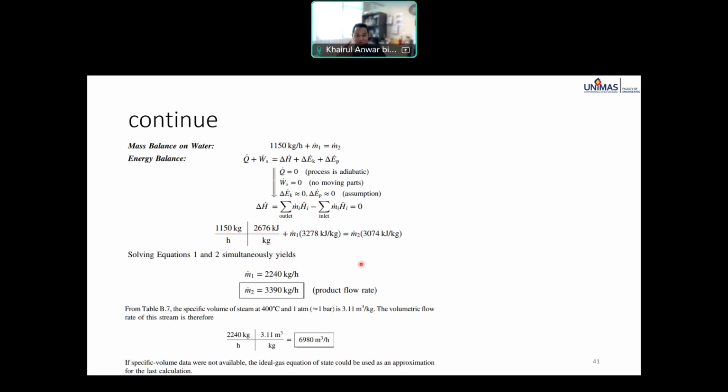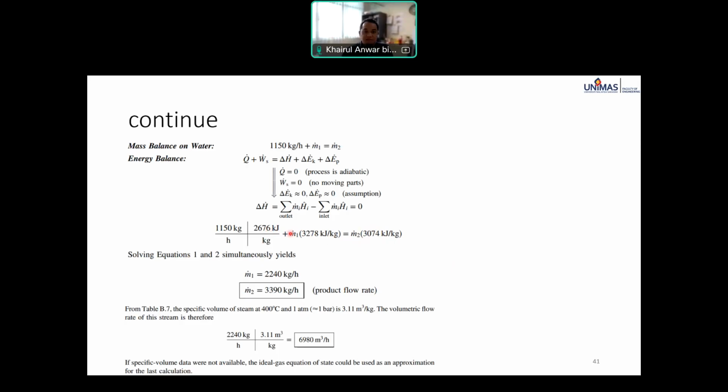You have two inlets, one outlet. So this is the outlet. Is it the outlet or inlet? Oh, the inlet. 1150 times 2676 plus M1. So M1 is the inlet as well. So the inlet term is negative, but you move it to the right hand side, it's positive. The M2 H2 is equal to the outlet.